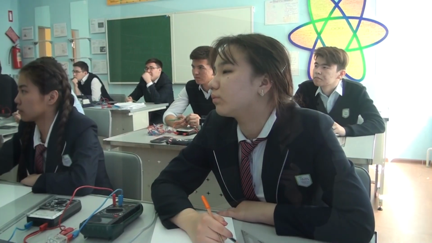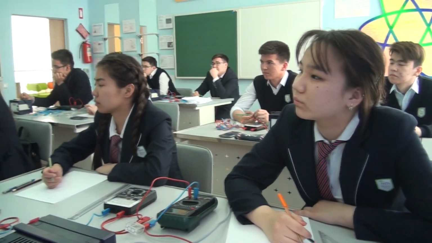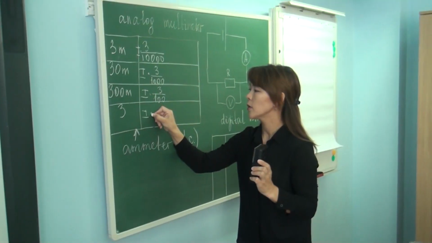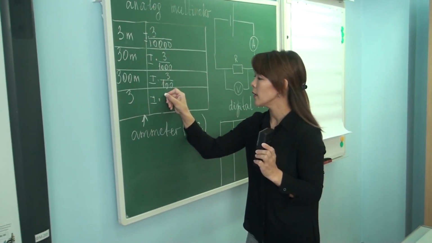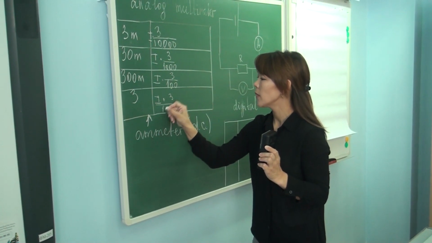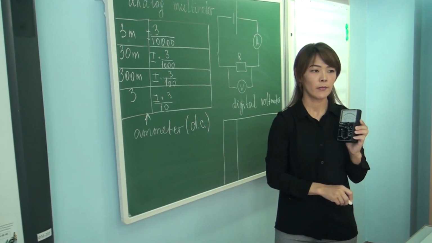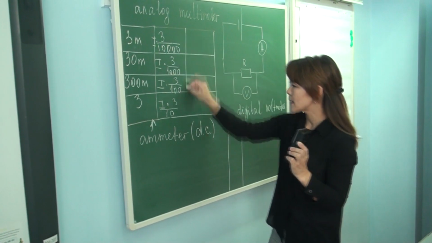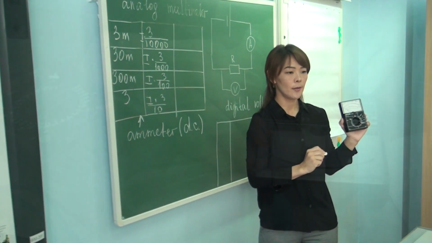And the last value is 3: the value of current multiplied by 3 and divided by 10. Did you understand? Yes. Okay.